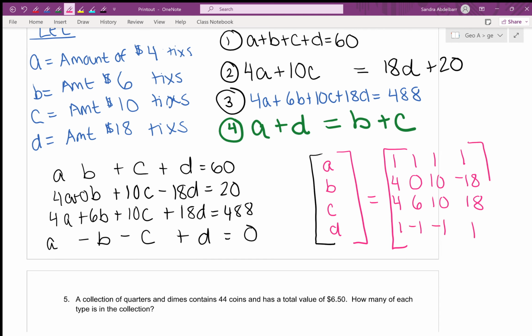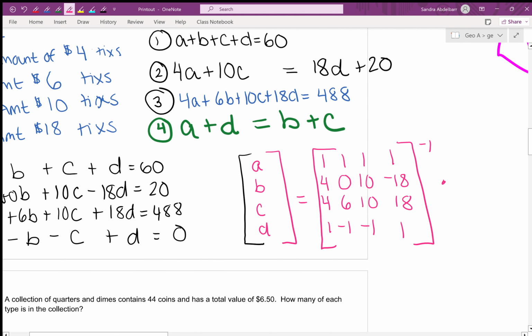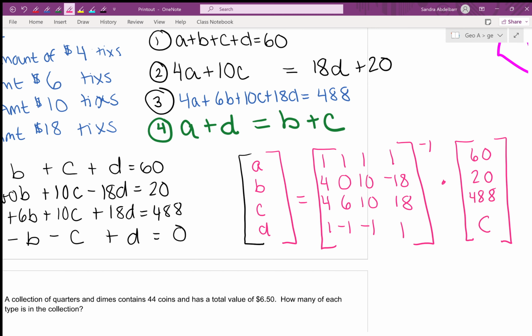The inverse of this times the solution matrix, which is 60, 20, 488, 0.